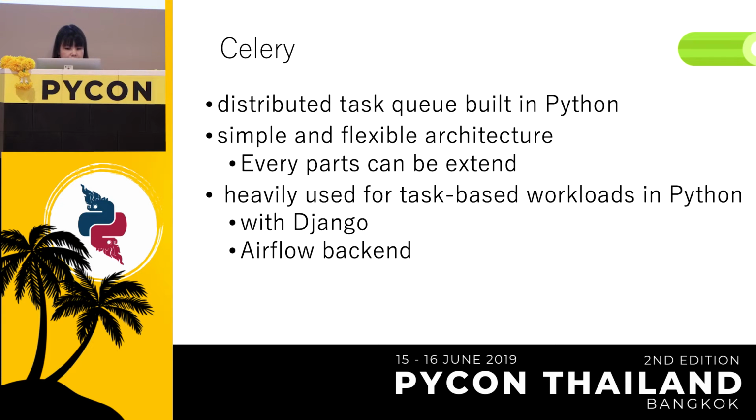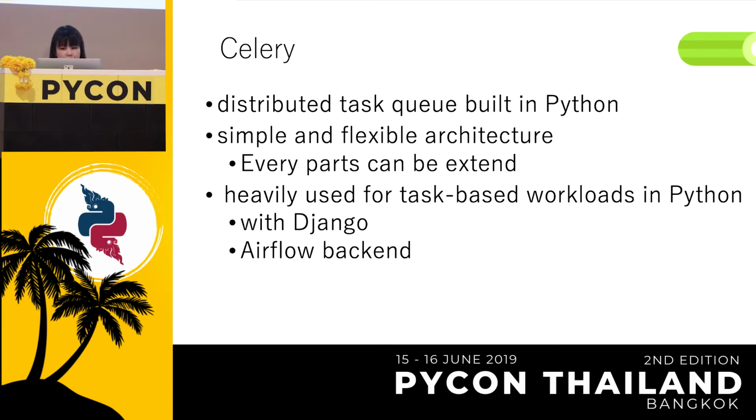First is Celery. Celery's features are here. Celery is a distributed task queue built in Python, a pure Python library. Celery is very simple and has a flexible architecture. We can extend every component of Celery.